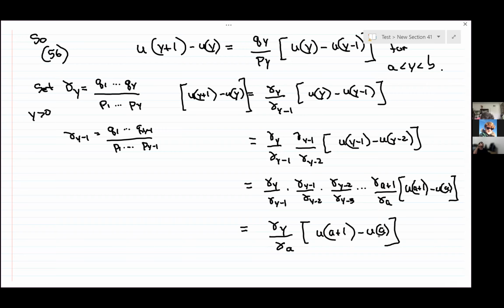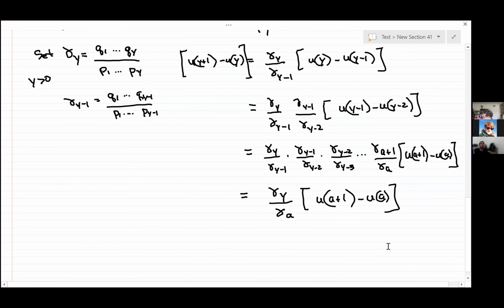That's the reasoning, but if we just keep the result, it would say u of y plus 1 minus u of y is equal to gamma of y divided by gamma of a times this difference.